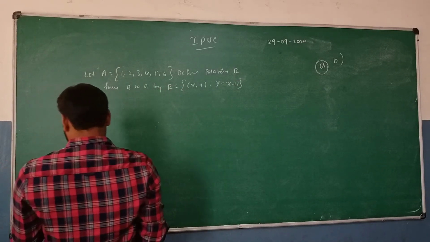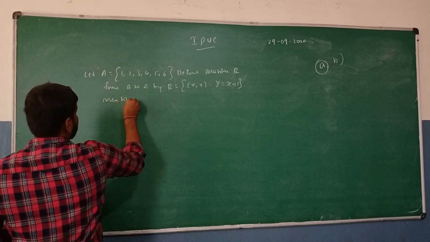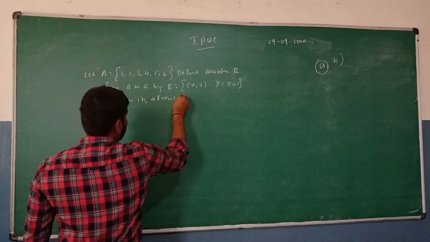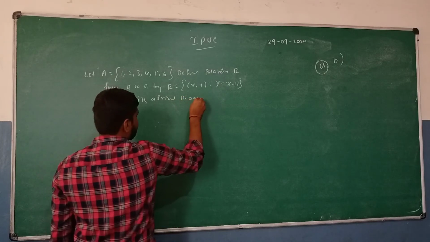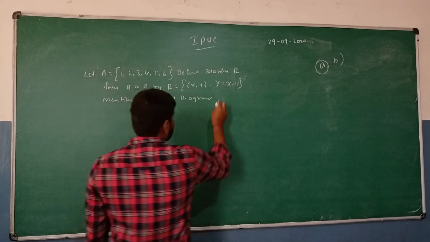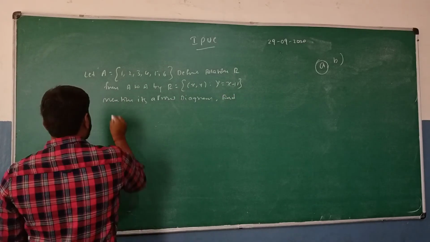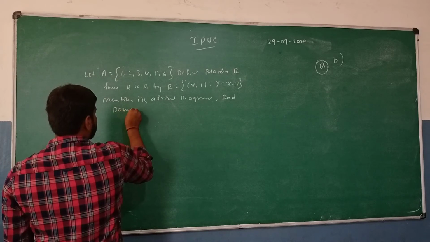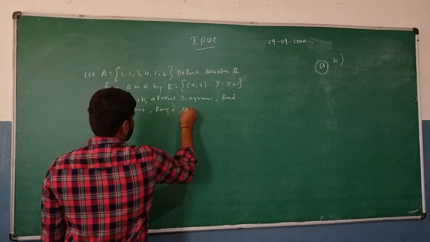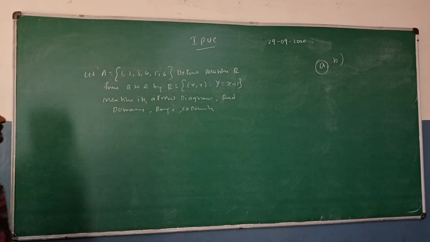Here mention its arrow diagram, as well as find the domain, range, and codomain. So this is the question.